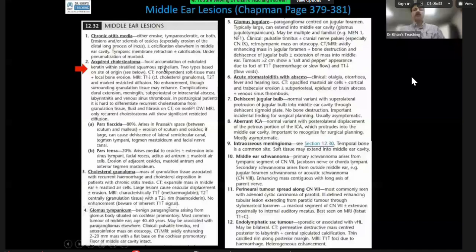The only thing is that when it is within the intracranial cavity, we call it an epidermoid. But in the temporal bone, we call it a cholesteatoma. We have made life uneasy for ourselves, difficult for ourselves.